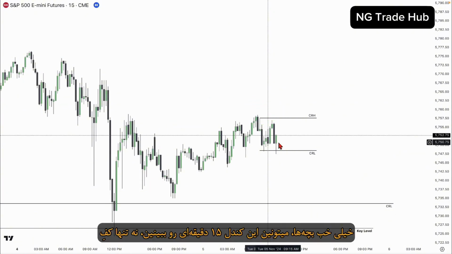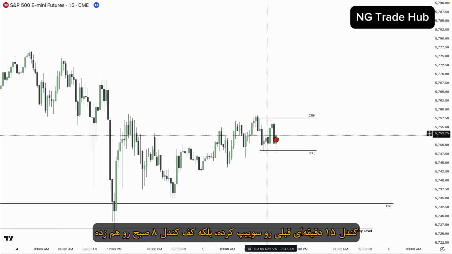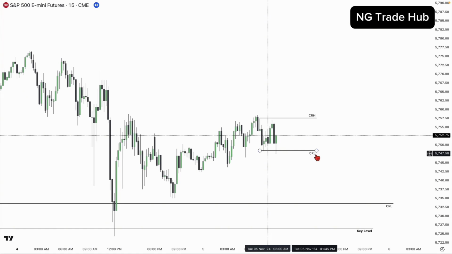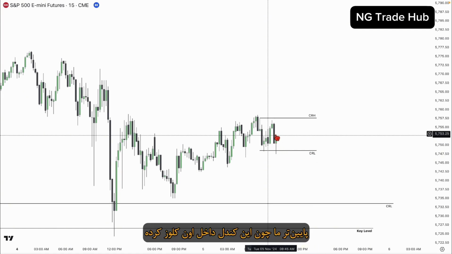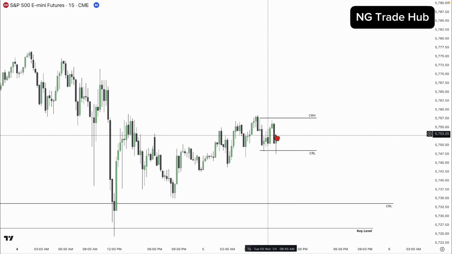Alright guys, you can see this 15-minute candle not only swept the low of the previous 15-minute candle, but also the low of the 8 a.m. candle. So this black candle will be our lower time frame CRT because this candle closed inside it. Let's mark its high and low.